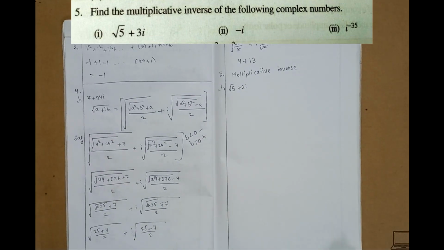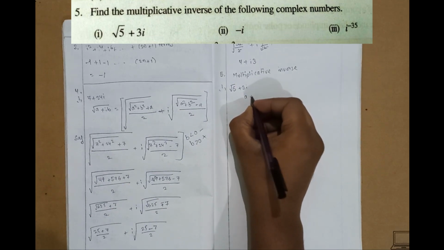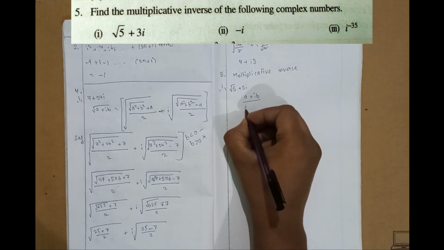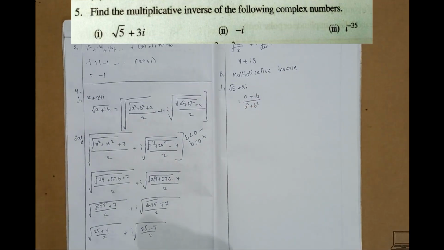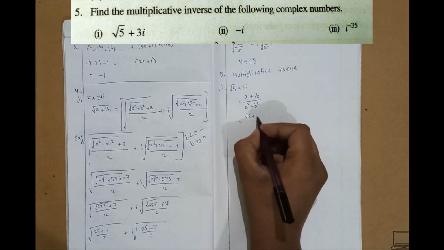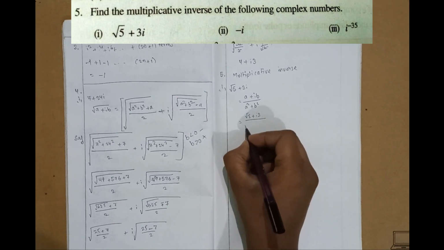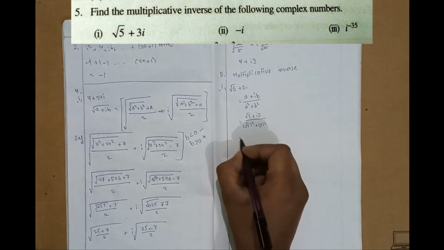To find the multiplicative inverse of a complex number, the formula is a plus ib by a square plus b square. That's it. The formula is very simple. A means root 5 and b is 3. Root 5 whole square plus 3 whole square.